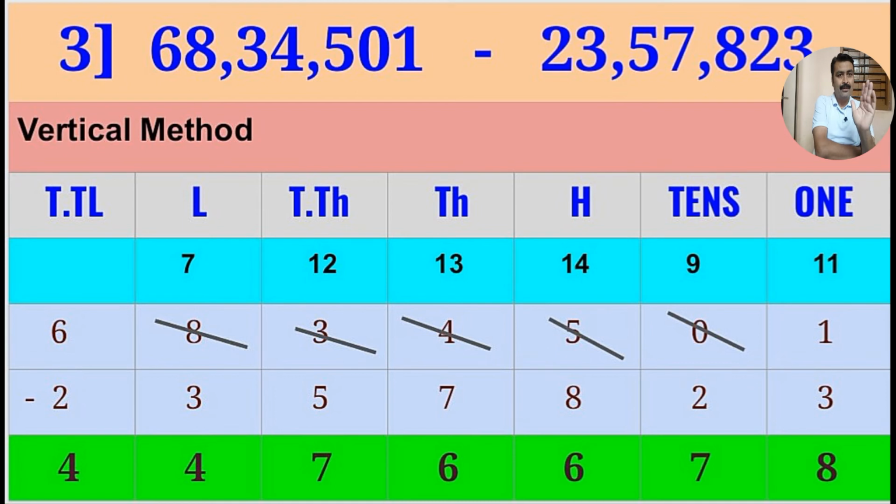So to continue that subtraction, again from the next 4 at the thousands column we take 1 carry. After taking that 1 carry, we got the 2-digit number 14. So from that 14 we subtract 8. So 14 minus 8, we got the answer 6 there. After that at the 10,000 place, instead of 4 there is 3 remaining, because 1 carry is taken from that 4.